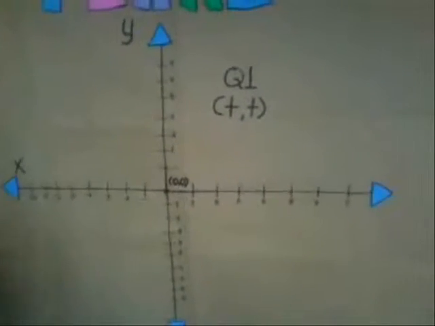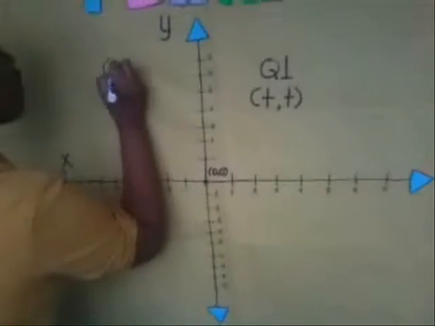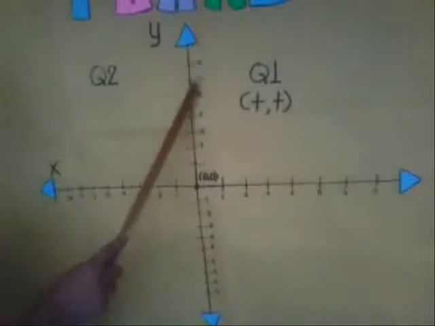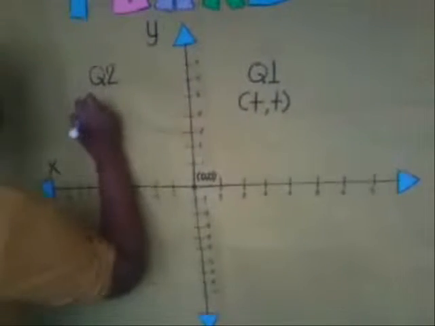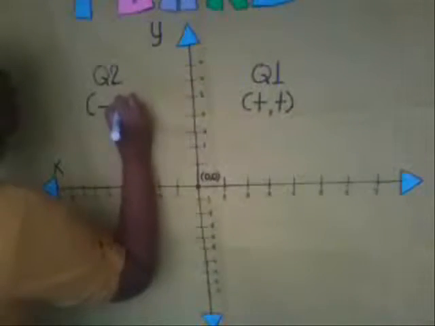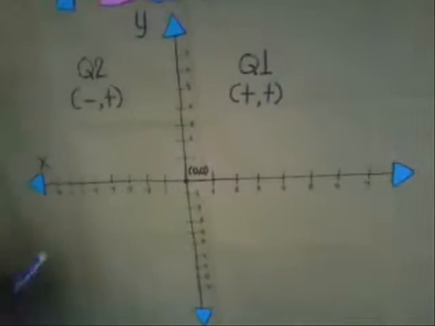Over here in the left is quadrant 2. We have negative x's and positive y's. So the sign used is minus, plus, indicating that this is negative x and this is positive y.